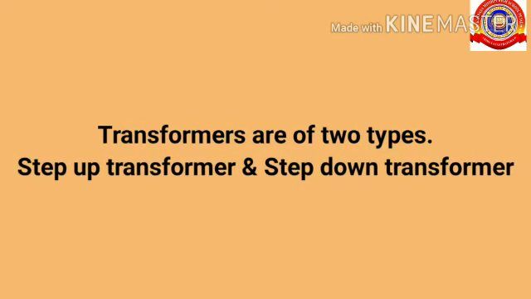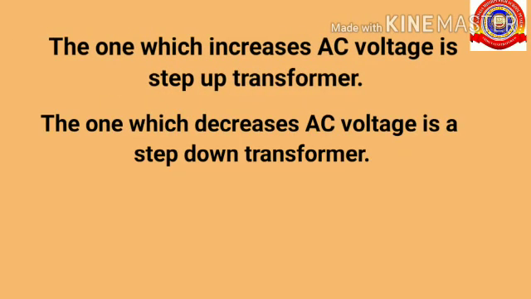Transformers are of two types, step-up transformer and step-down transformer. So let's see what a step-up transformer and a step-down transformer are. The one which increases AC voltage is a step-up transformer, and the one which decreases AC voltage is a step-down transformer.